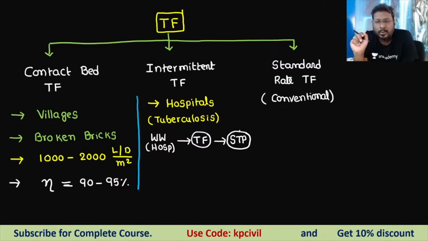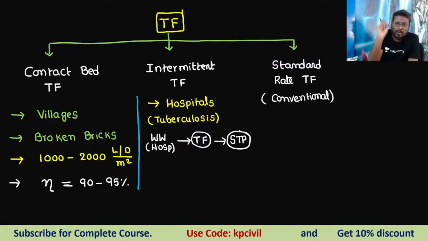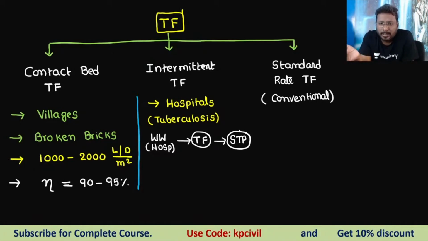After that it is given to the domestic sewage treatment plant. Understand? Wastewater from a hospital is not allowed to be released directly into domestic sewage. First it should be treated by trickling filtration, then with the secondary, and after that given to the sewage treatment plant.